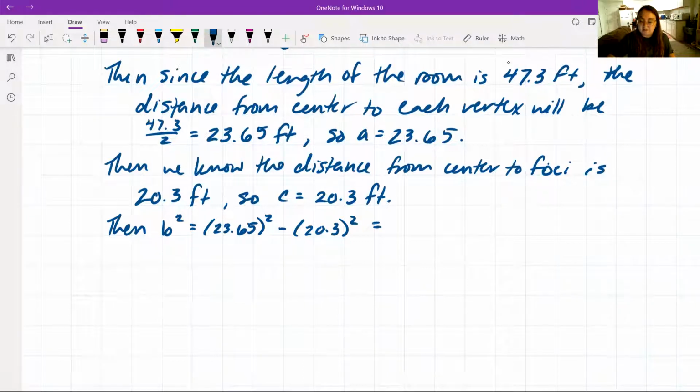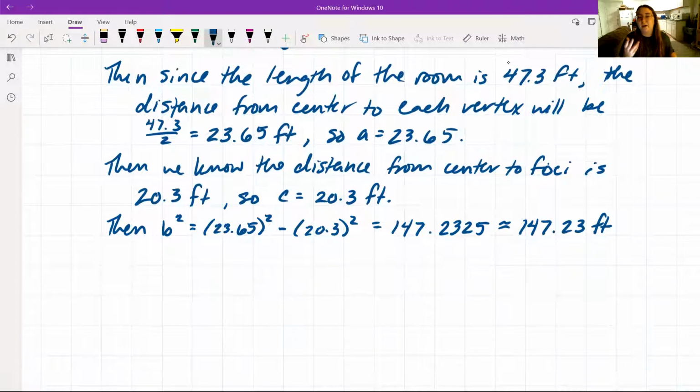When we plug this into a calculator, we get that this value is 147.2325. So we can round to 2 decimal places. We can say this is about 147.23 feet. So our B squared value is about 147.23.